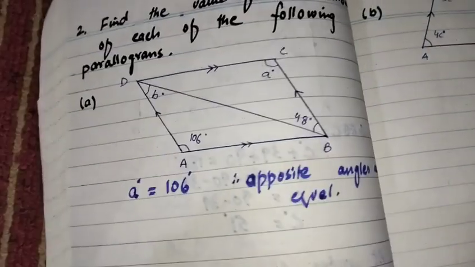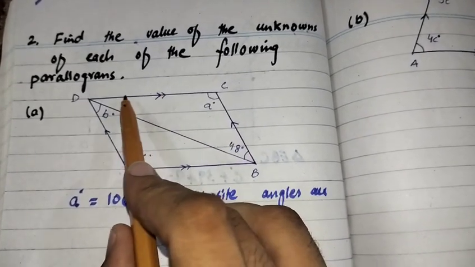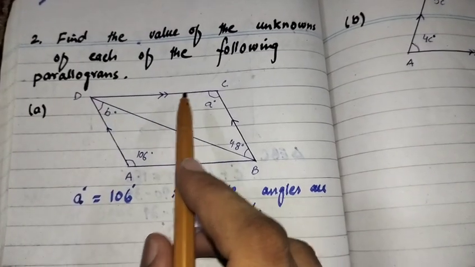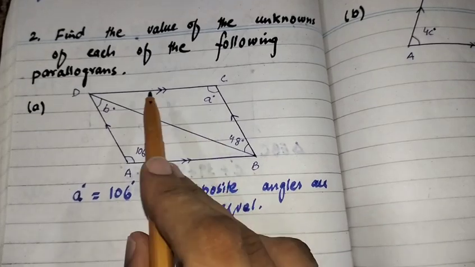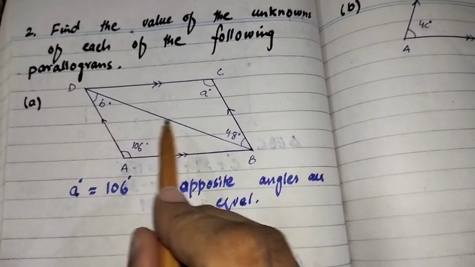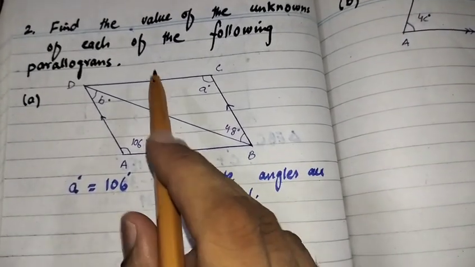To find the angle B, as we know, when there are two parallel lines, this line is parallel to this line, and this line is a transversal on these two parallel lines. This CD line is parallel to AB line, and this BD line is a transversal to these two parallel lines.